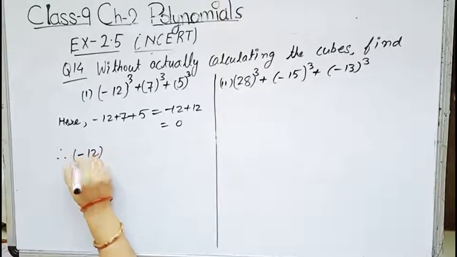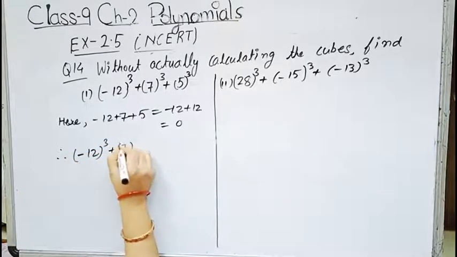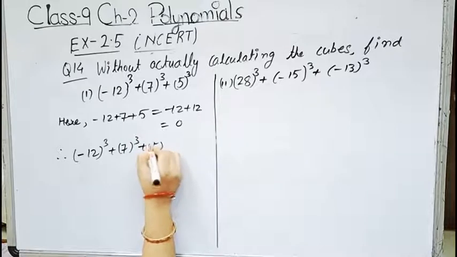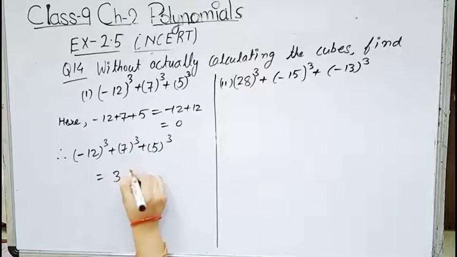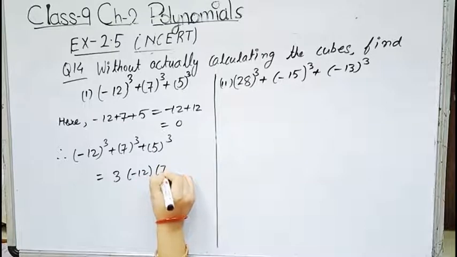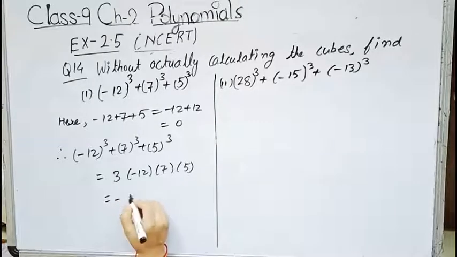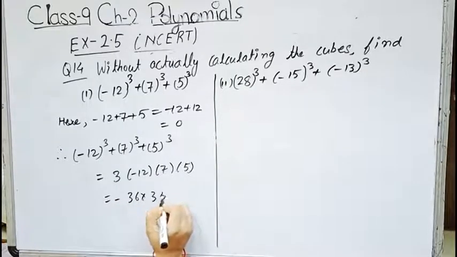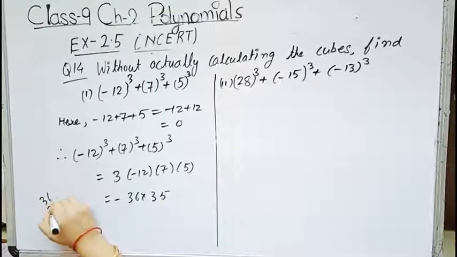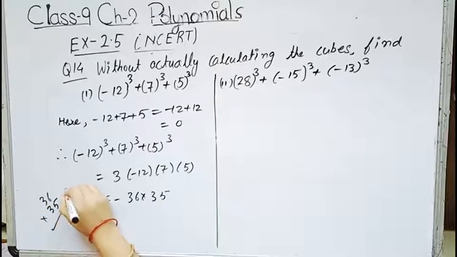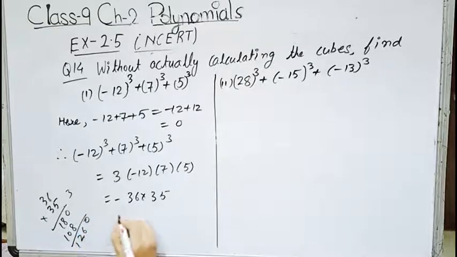Therefore, minus 12 whole cube plus 7 whole cube plus 5 whole cube equals thrice of abc. This will be equal to minus 36 into 35, equals minus 1260.